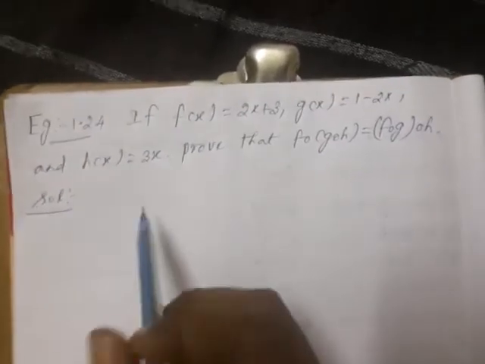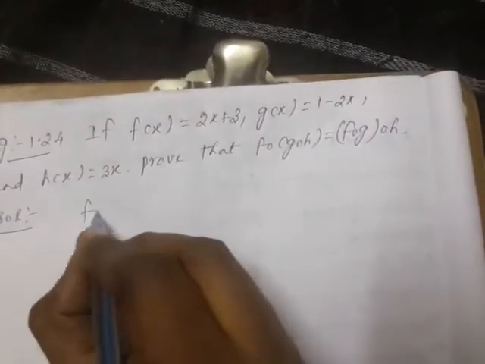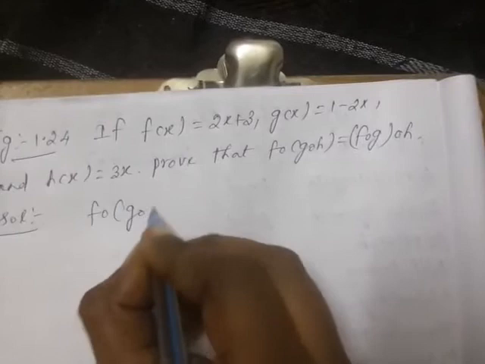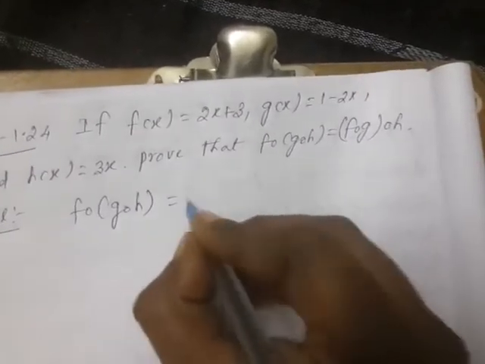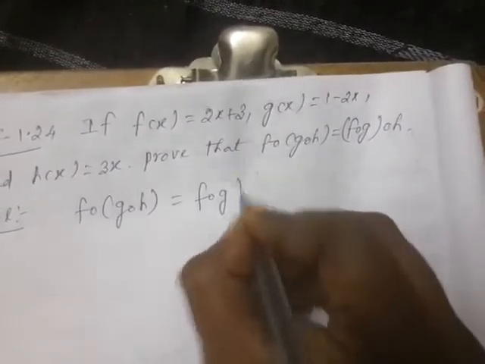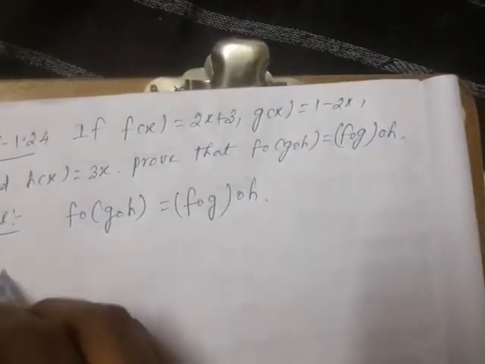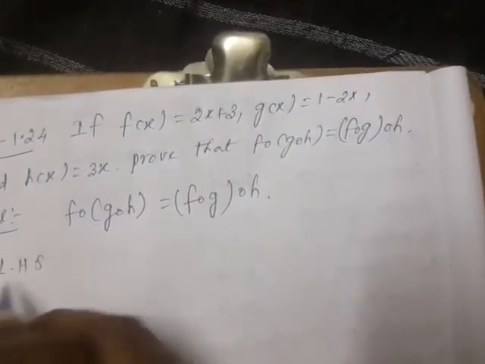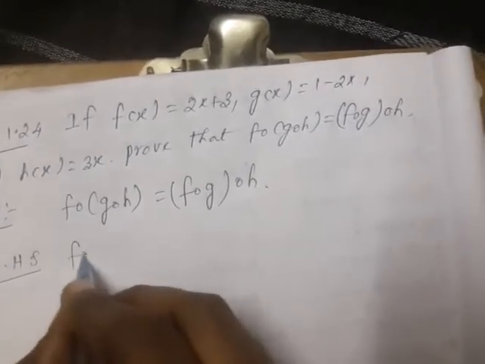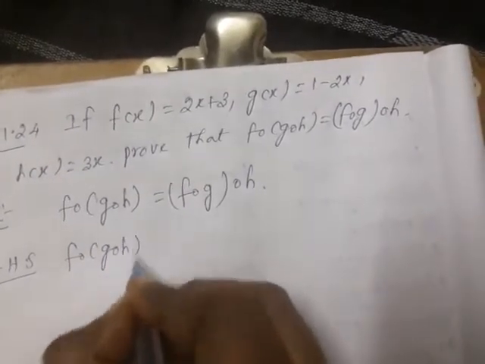Solution: first we write (f composite g) composite h equal to f composite (g composite h). First we take the left hand side. Left hand side is f composite (g composite h).